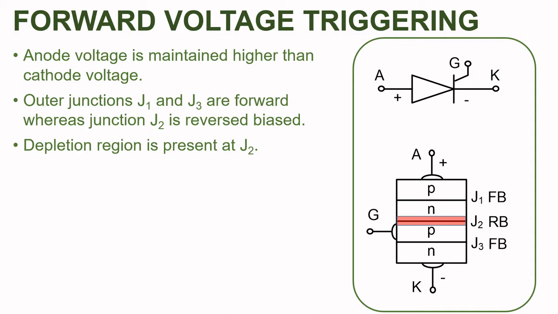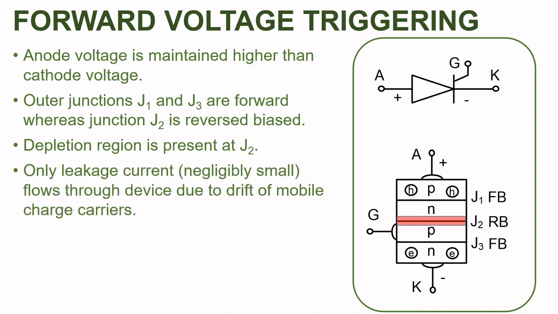This depletion region blocks the flow of current from anode to cathode, but a minimal number of mobile charge carriers drift across this junction and result in a leakage current. The magnitude of this leakage current is very small. This leakage current is referred to as forward leakage current.